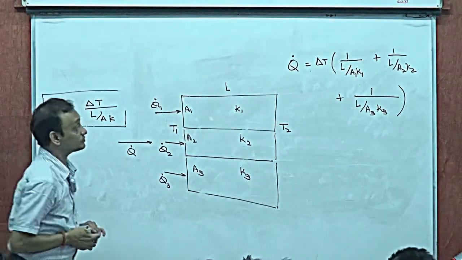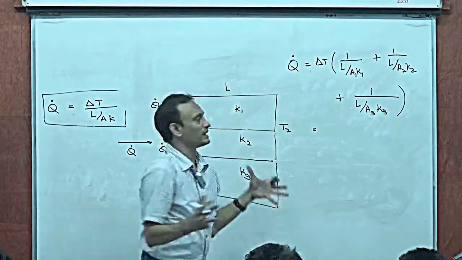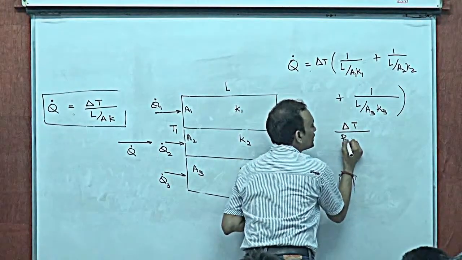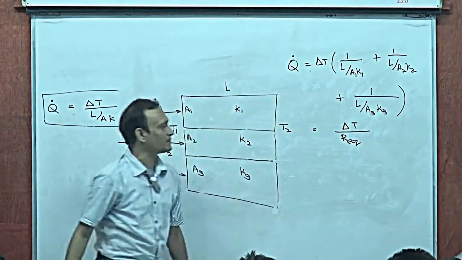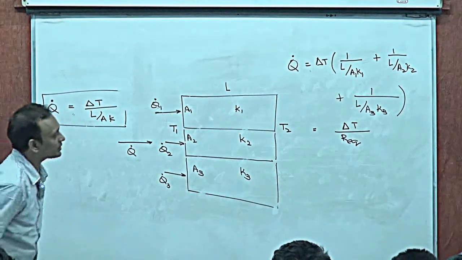Yes or no? Which is the same as, effectively speaking, delta T, if there was one single unit, divided by the equivalent thermal resistance Req, right?